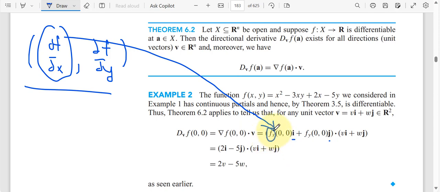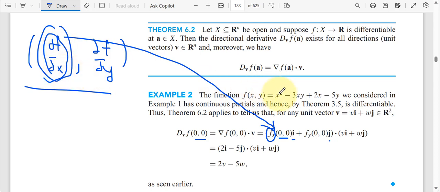They're saying this partial means this, but they want to do it specifically at 0, 0, and also this one at 0, 0, and then we dot that with this. So what does that mean? Before they do that, they calculate what this is and what this is.